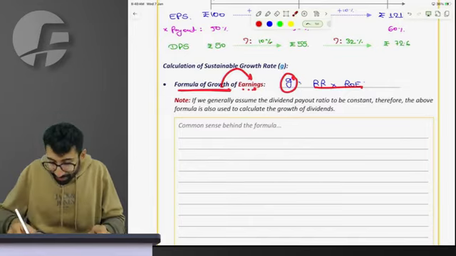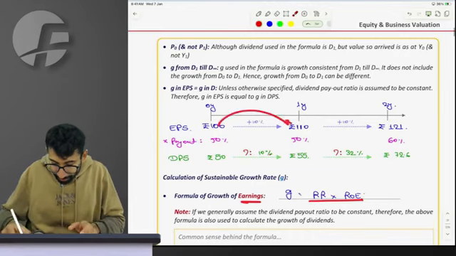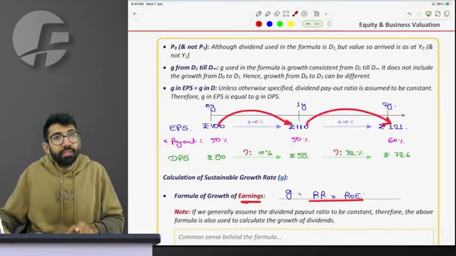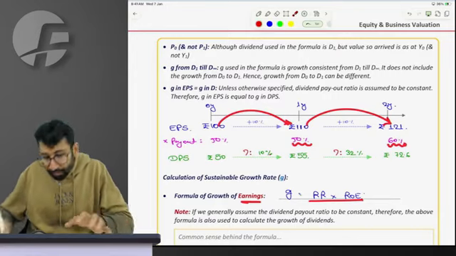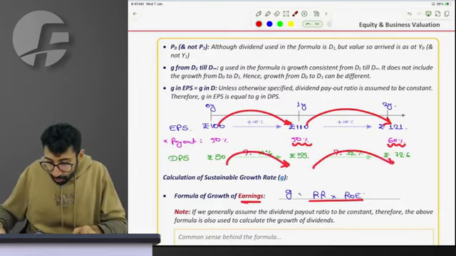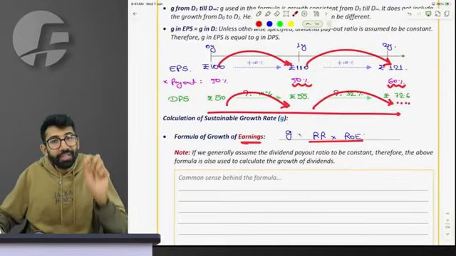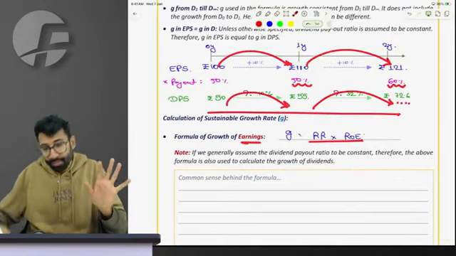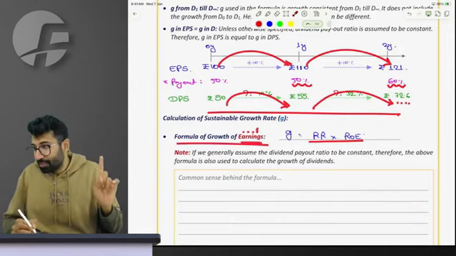At this rate my earnings will grow. If the payout ratio is maintained, then dividends will also grow at the same rate. But if the payout ratio is changing, please remember dividends will not grow at the same rate. That is the first thing: the formula of growth rate of earnings.